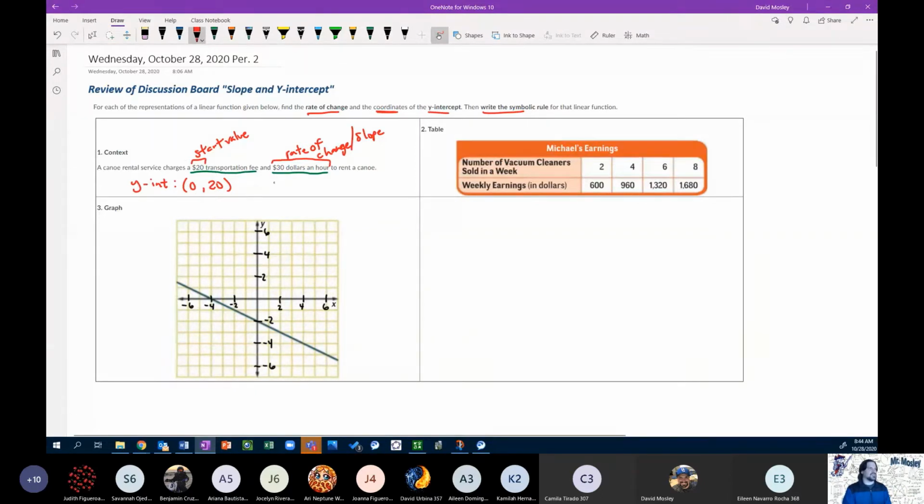Our rate of change is 30, for the slope. So the rule is y equals 30x plus 20. Any questions on the first one?